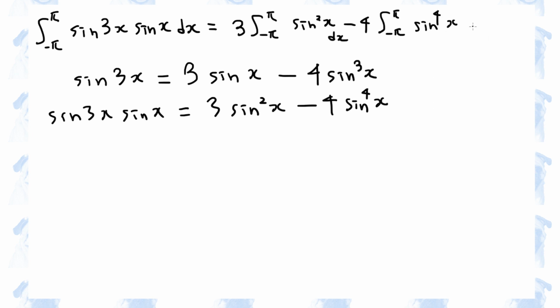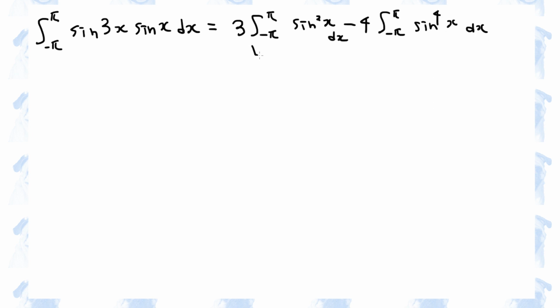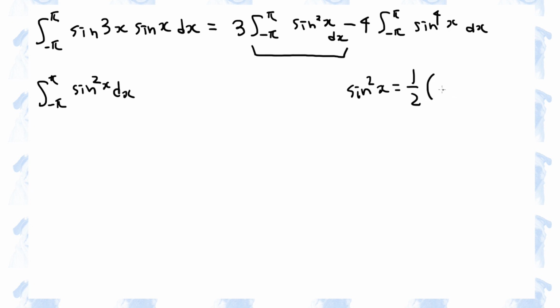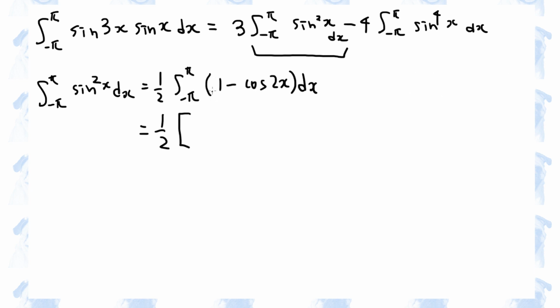And don't forget dx. Let's work with the first part. Recall that sine x squared is equal to 1/2 times 1 minus cosine 2x. The integral of 1 is x.